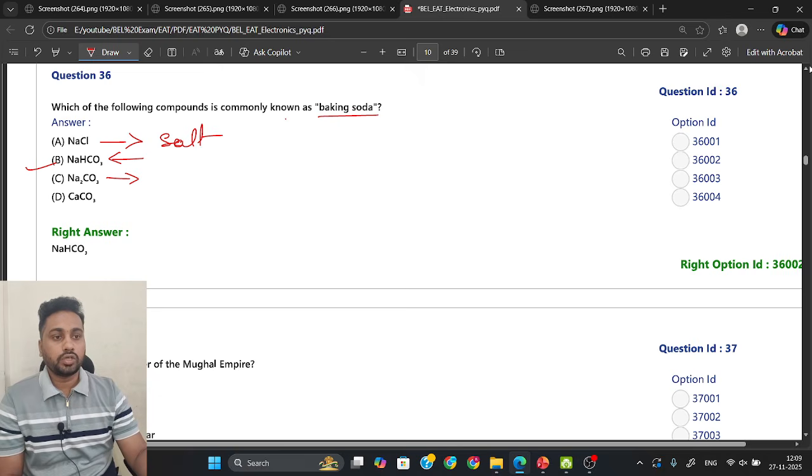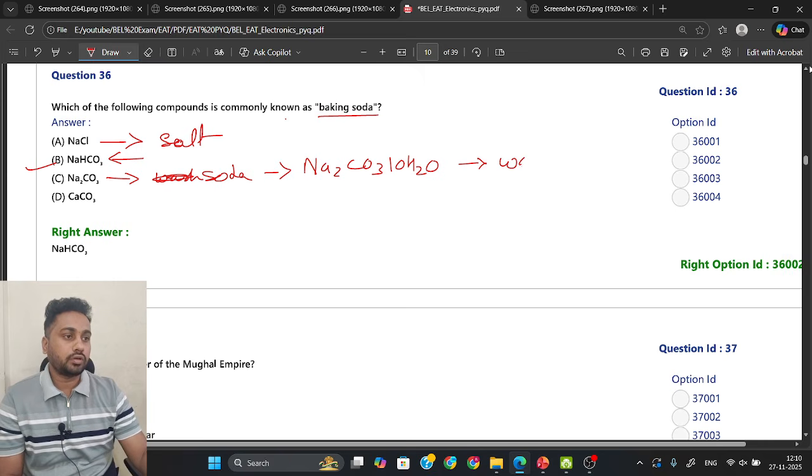Then sodium carbonate we generally call washing soda, or simply soda. Na2CO3 10H2O is your washing soda. Okay, just remember this thing also, washing soda, if you get this one.